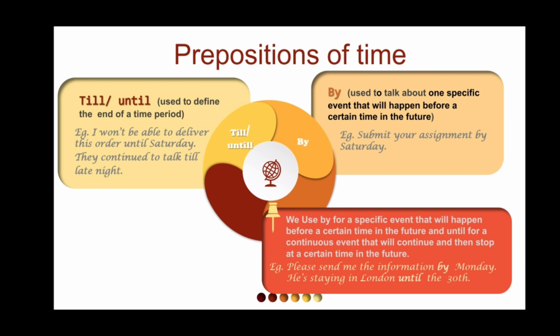And when we say he is staying in London until the 30th, it means the action of staying in London continues till 30th. Children, I am sure you must have now understood the difference between these prepositions till, until and by.